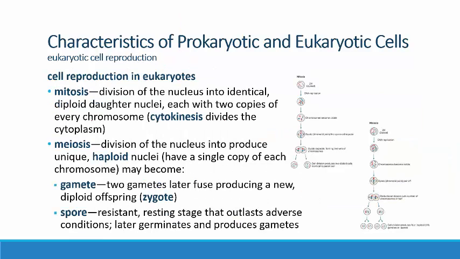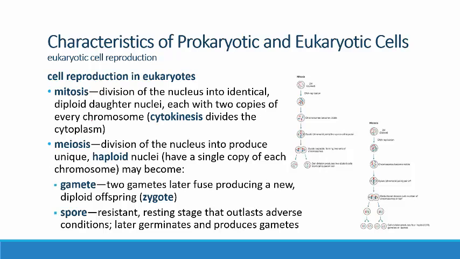So looking at reproduction in eukaryotic cells, there are two processes that the cells use to reproduce. There's mitosis, which produces two identical daughter cells that have exactly the same DNA inside of each one. So mitosis is the division of the nuclear material.